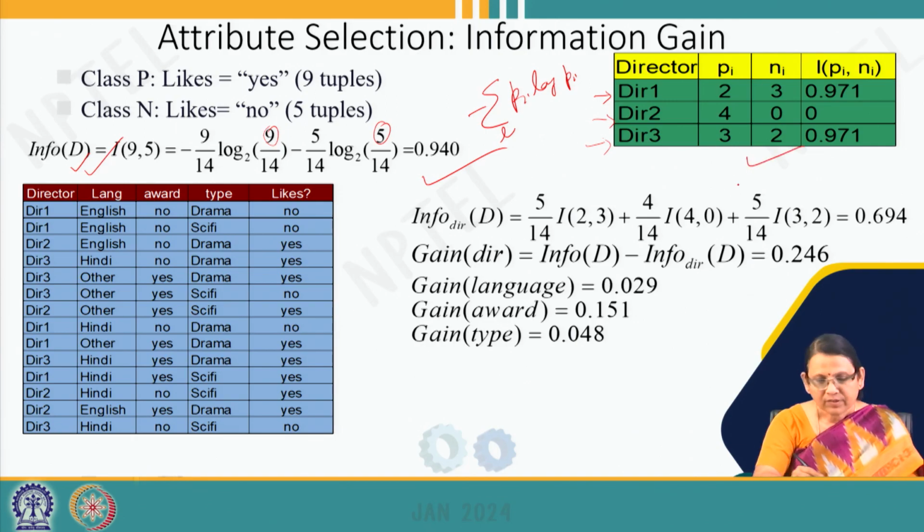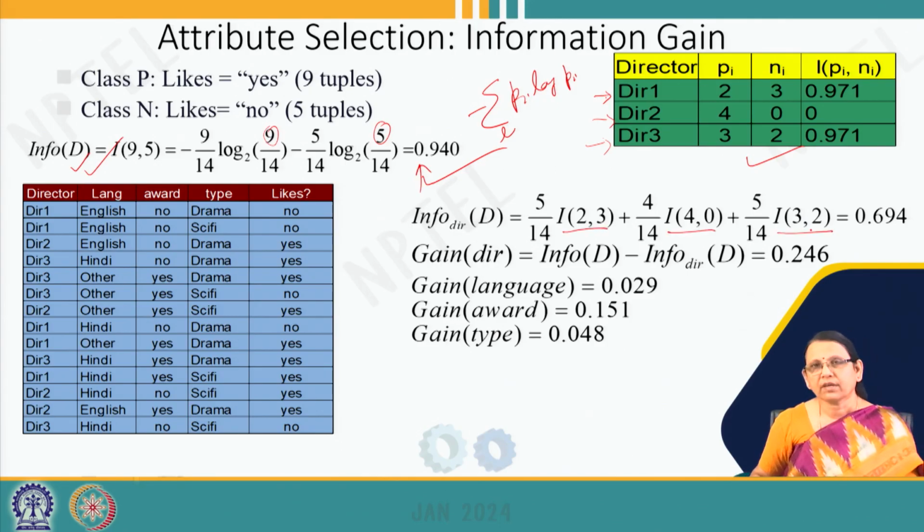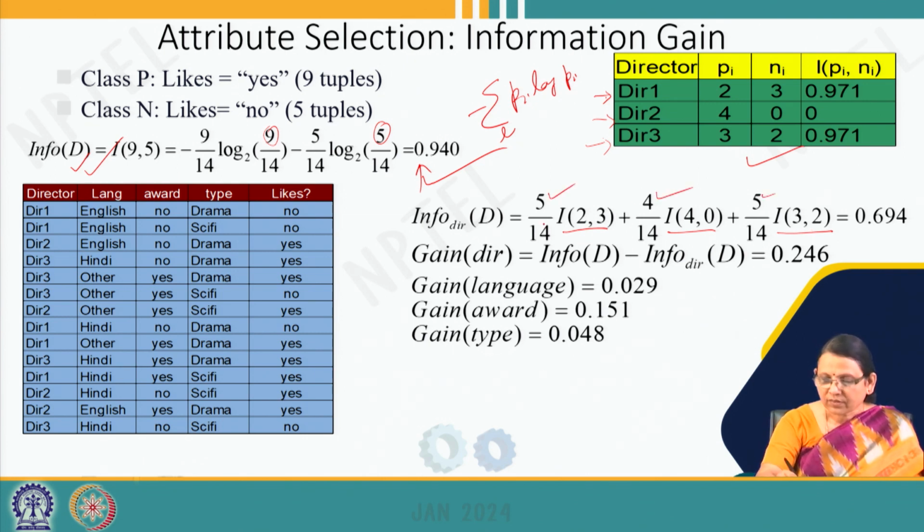Based on that, following this formula for each of these partitions, you calculate this entropy value. Once you calculate this entropy value, the total information content, this is the probability of getting this fraction, this is the probability of getting this fraction, and you multiply it with respect to your information content.